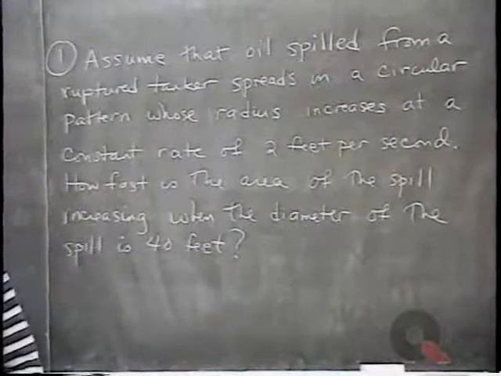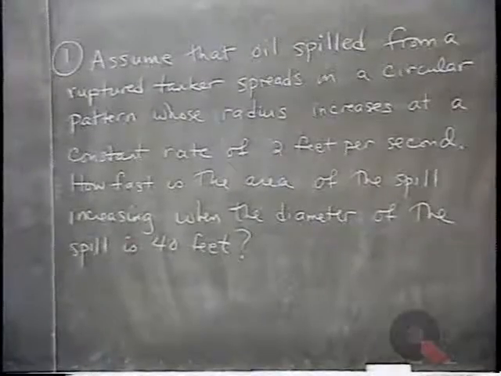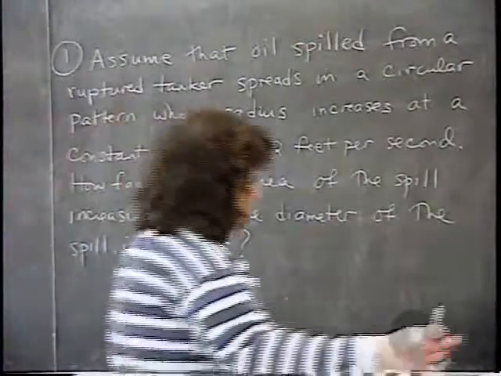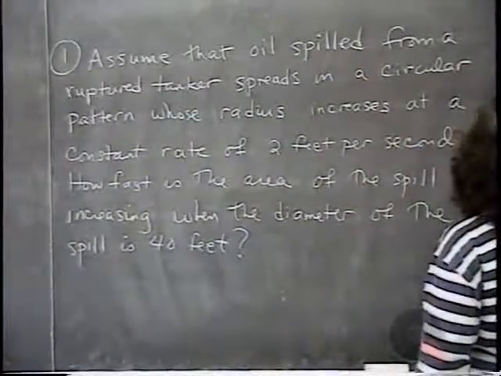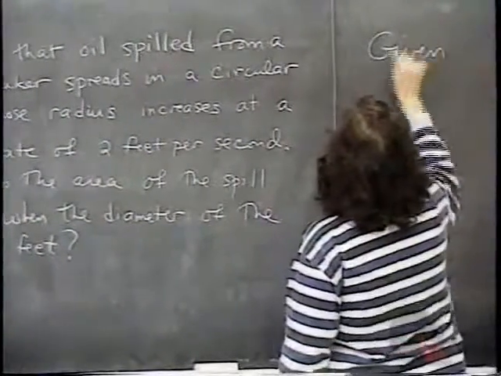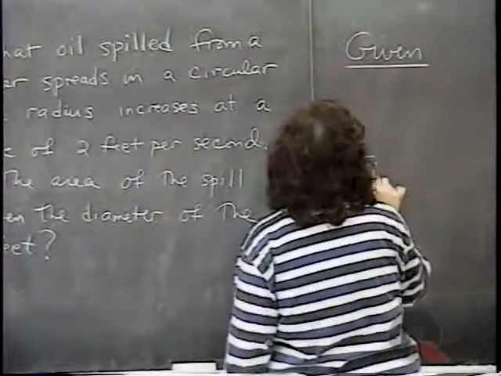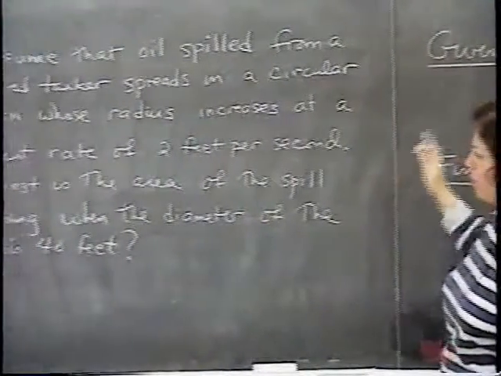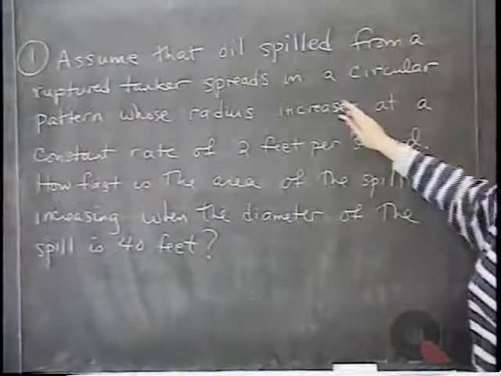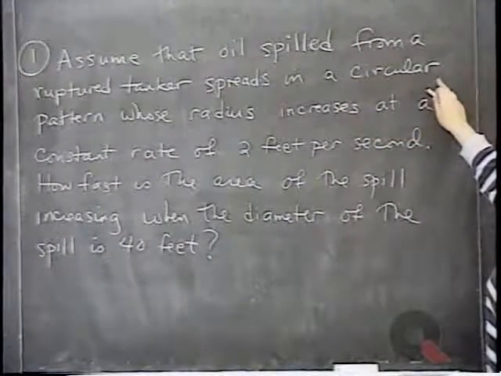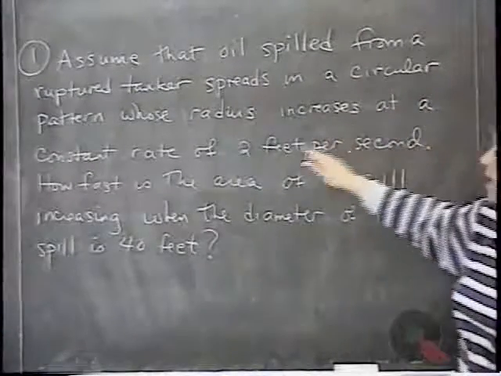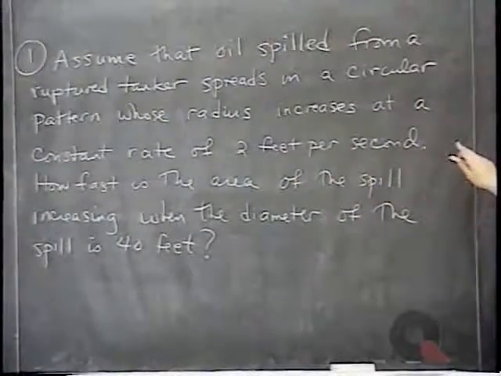Okay, we have to analyze what information is given in the problem and what we're looking for. So let's make a list of what is given and what we want to find. We are told that the oil spill is spreading in a circular pattern whose radius increases at a constant rate of 2 feet per second.